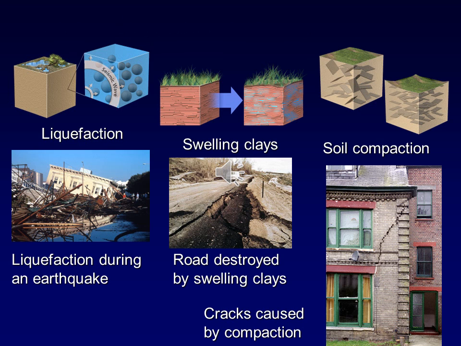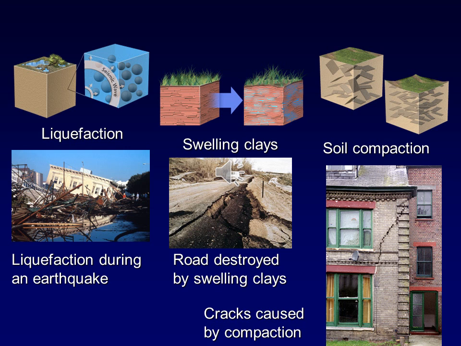Some other problems related to soil include liquefaction, swelling or expanding clays, and soil compaction. In the example of liquefaction, all the way on the left, it has to do with seismic activity and soggy sediments, essentially. So shaking, the movement of seismic waves through sediment, causes sediment to lose grain-to-grain contact and strength.